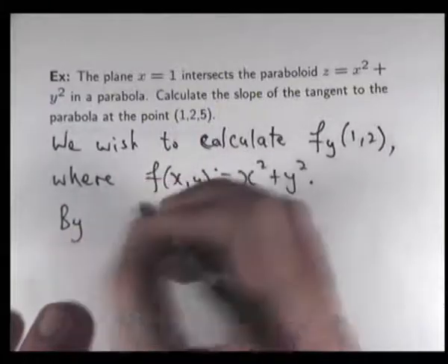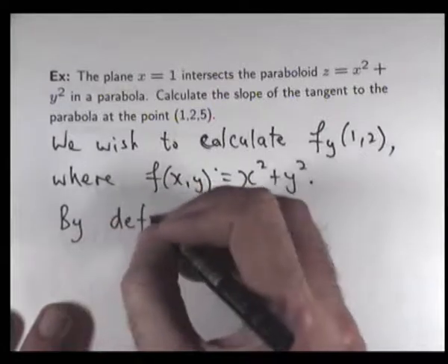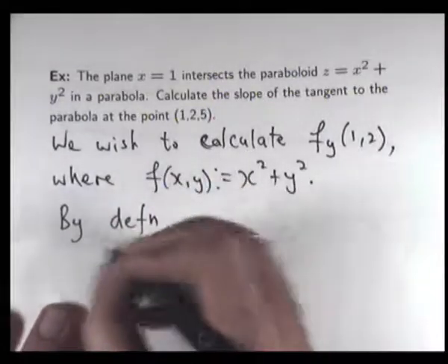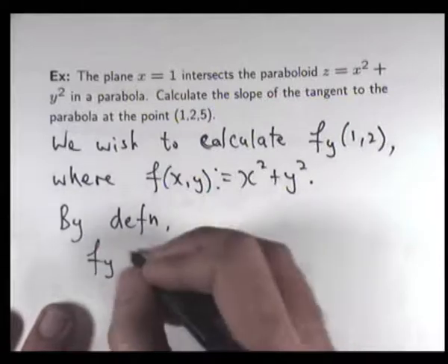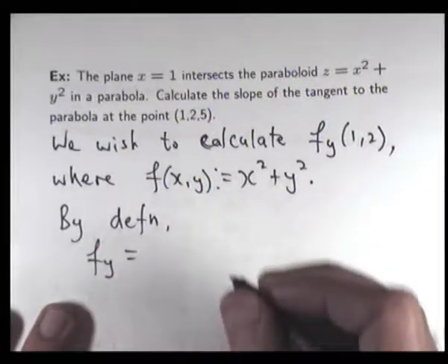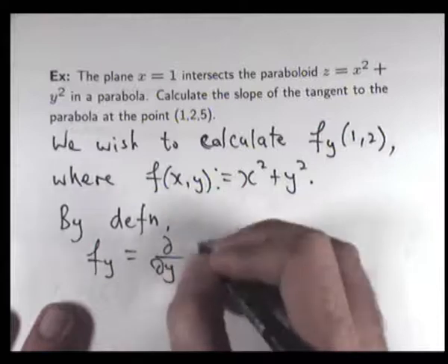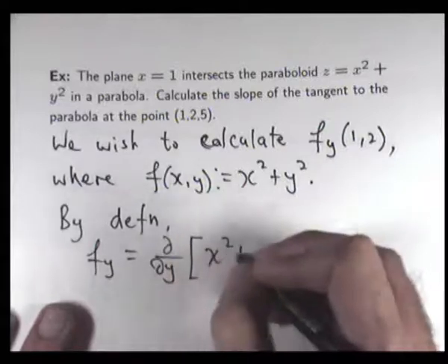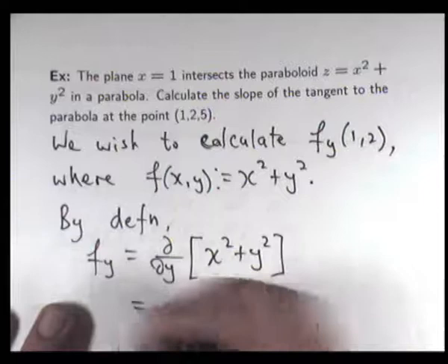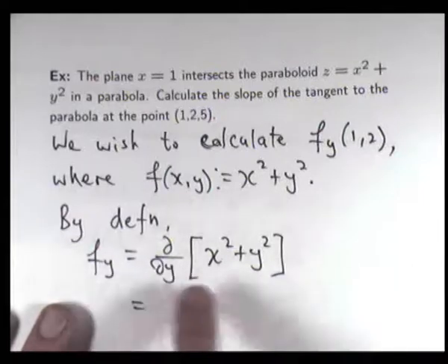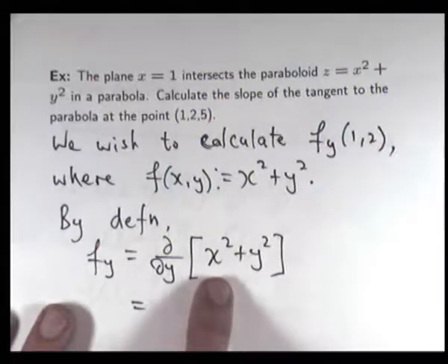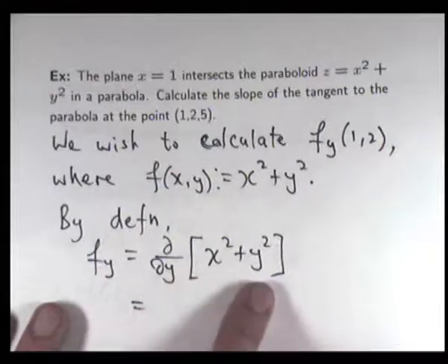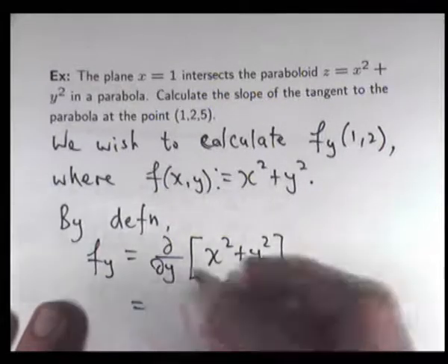Okay, so let's calculate the partial derivative and then sub in x equals 1, y equals 2. Remember, we think of x as a constant and differentiate normally with respect to y. So that's going to be 0, and this is going to be 2y.